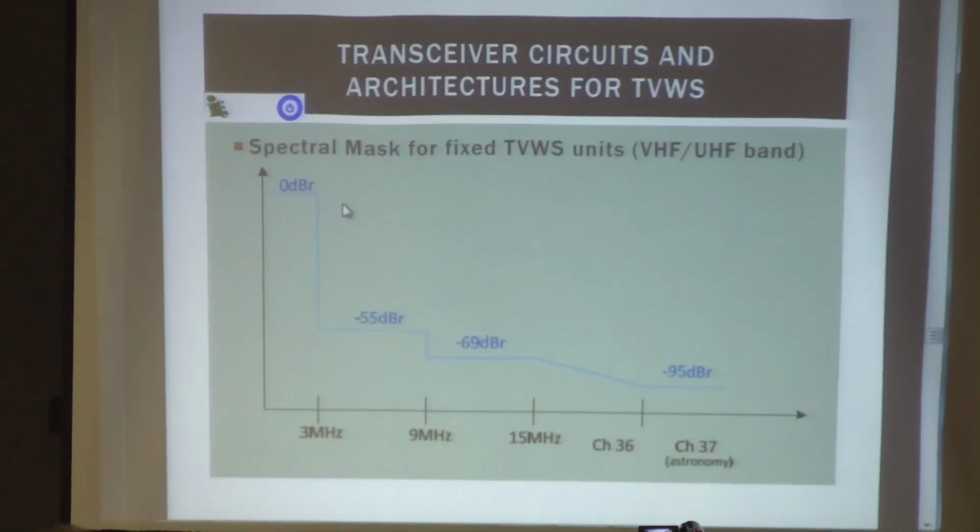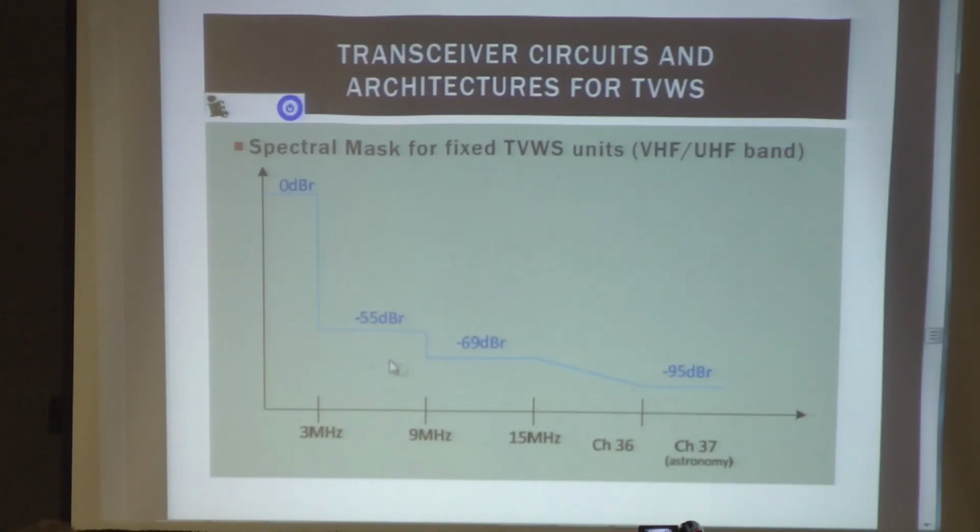So this is how a spectrum mask looks. It's defined actually for a TVWS fixed device. There are two different spectral masks. One's for fixed devices, another one is for portable devices. For fixed devices, it's more stringent. What this says basically is that your signal here is within plus or minus 3 megahertz, so within a 6 megahertz bandwidth. Any output that comes out of the power amplifier that's not within your bandwidth has to be, for the adjacent channel, 55 dB lower, which basically defines the type of output linearity that we need for your transmit path.